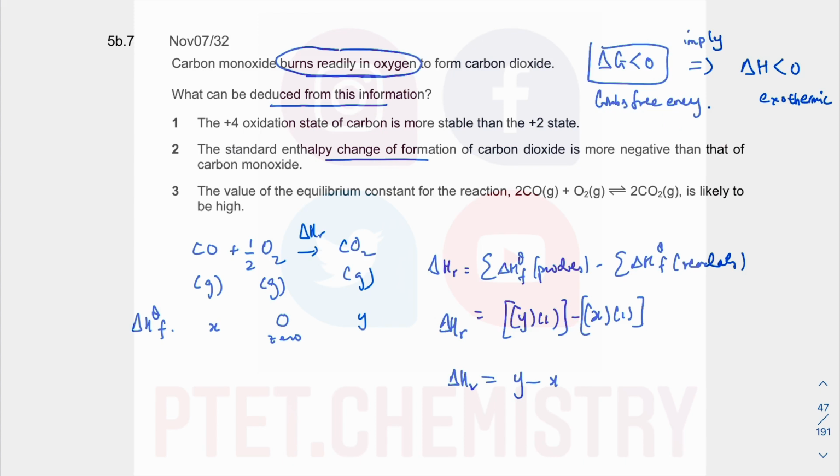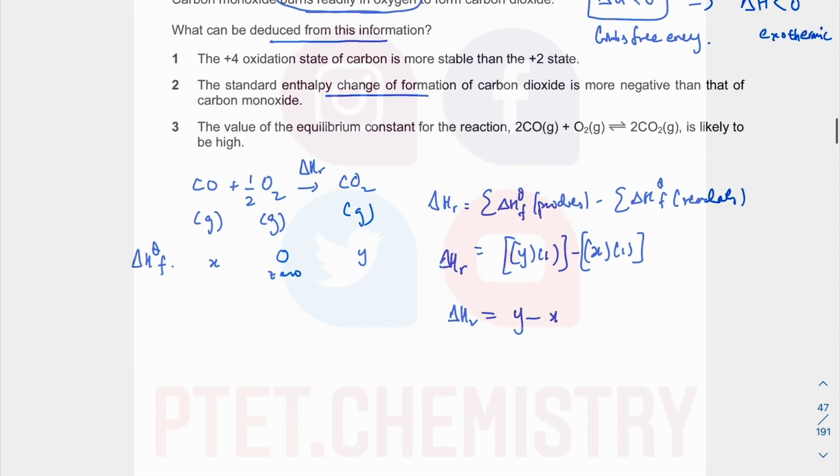So if we think about that information, which is not very directly given in this question, that is lesser than 0, so the delta H is lesser than 0. So if delta HR is less than 0, so y minus x is lesser than 0, so y is lesser than x. Going back to statement 2, the formation of CO2, which is y, is more negative than carbon monoxide.